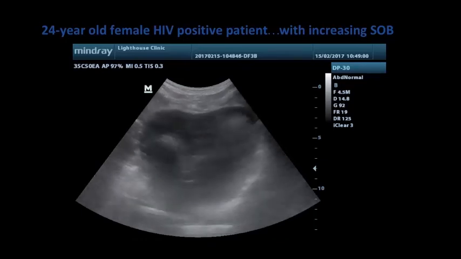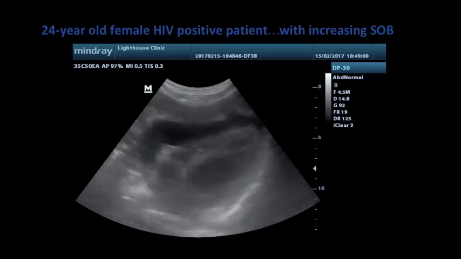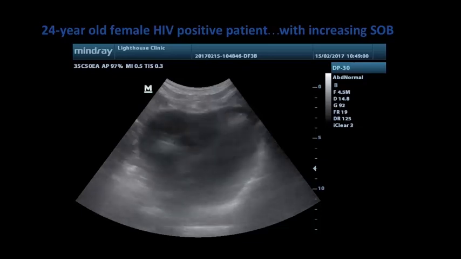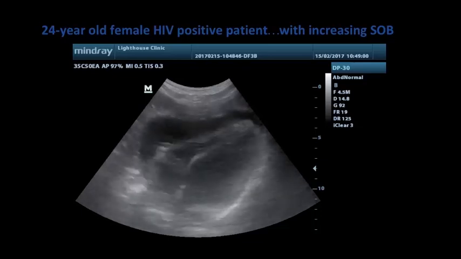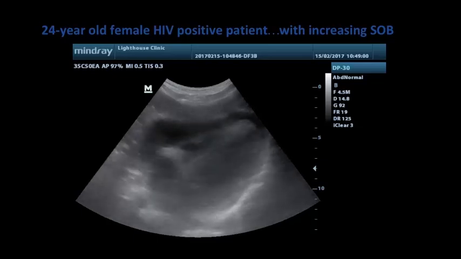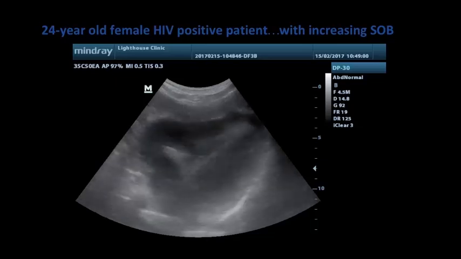And pericardial effusion, in our setting, in an HIV positive patient, is most likely due to TB pericarditis. There are, of course, alternative diagnoses, the same as we discussed about the lymph nodes so many times. Sonographic findings are hinting at a diagnosis.